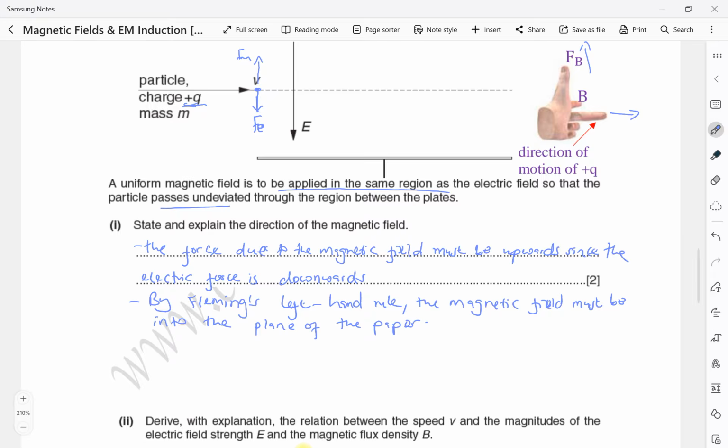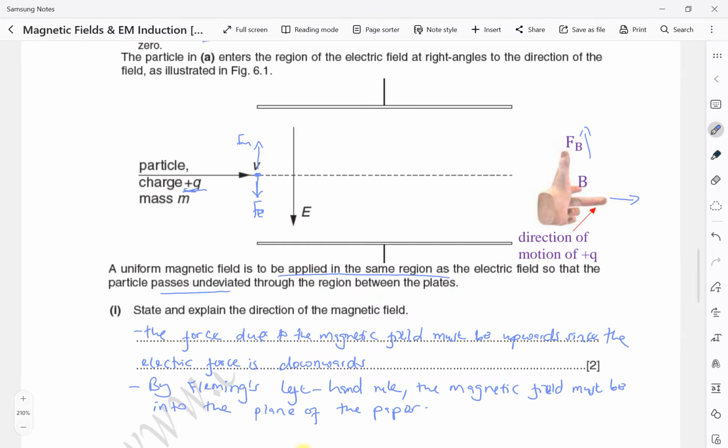So it must be into the plane of the paper, as I've illustrated with this Fleming's left hand.